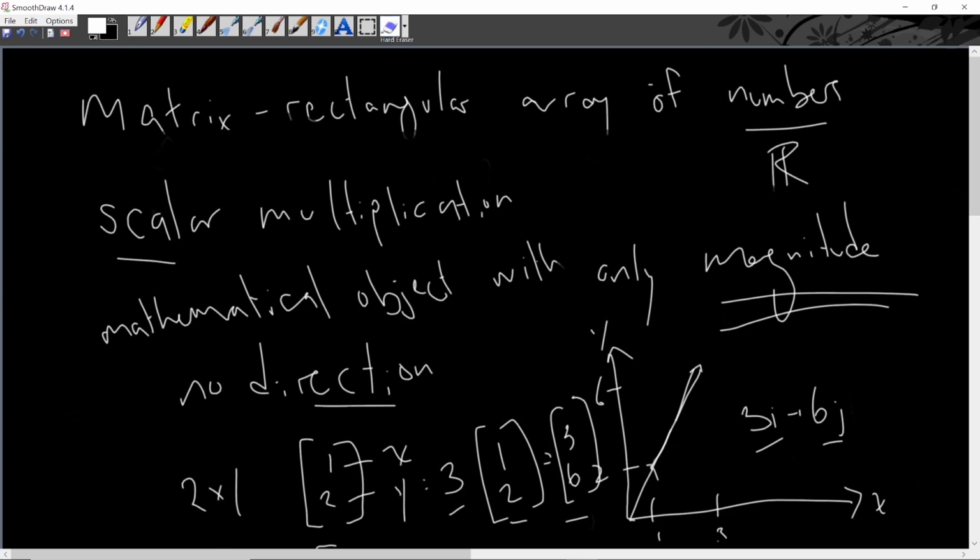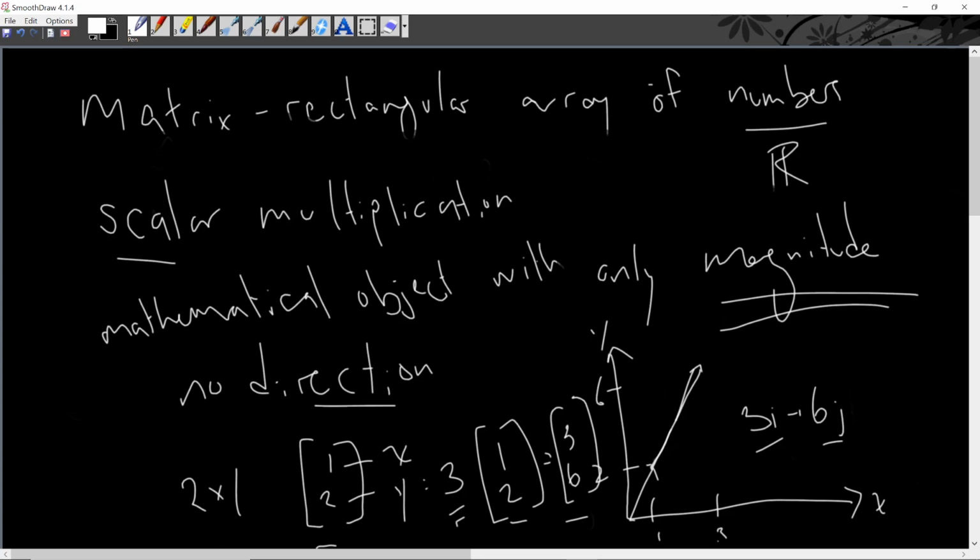I'm not sure if I'm fully illustrating what's happening as well as I should, but with scalar multiplication, if you have a vector or a matrix and you give it a scalar, a mathematical object with only magnitude, no direction, then you are not affecting the actual vector values.